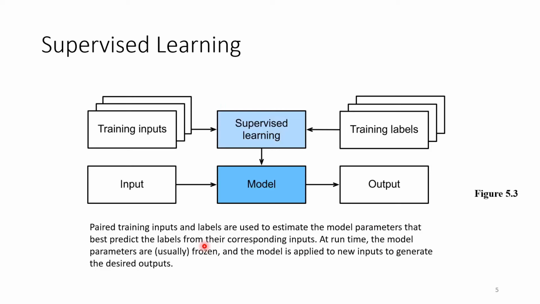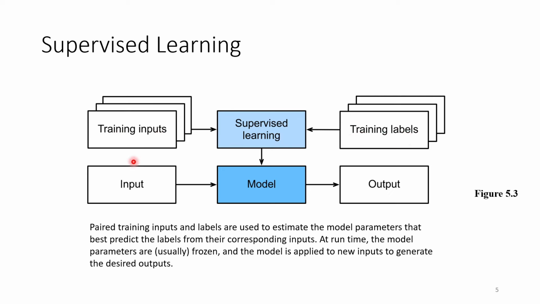Let's go to what supervised learning is. For supervised learning, we have many training inputs, and all of them have their labels. Here we try to learn a model that builds a connection between the training inputs and the training labels.